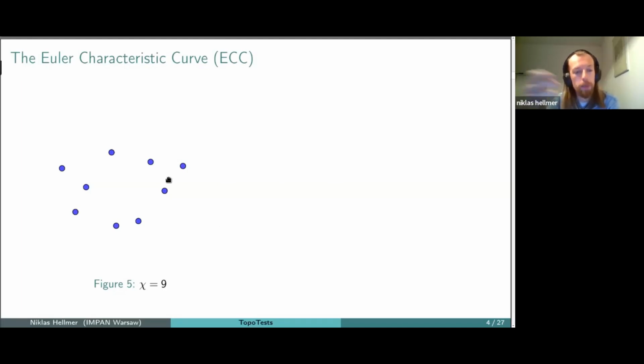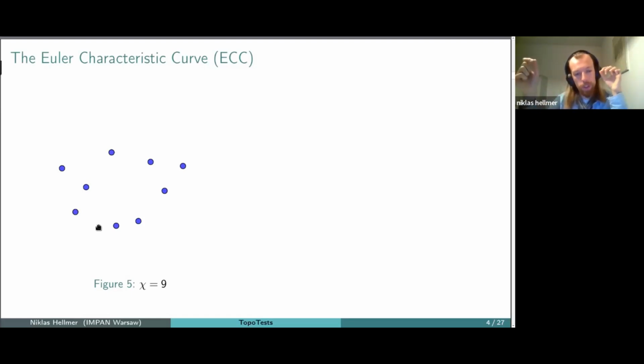As a topologist, I like to think of 9 points as having 9 connected components. But what if, by chance, 2 of the sample points are very close together or even coincide? Do I really want to count them separately?